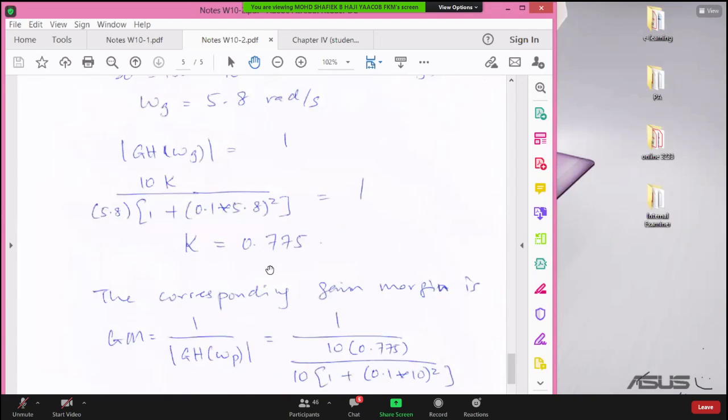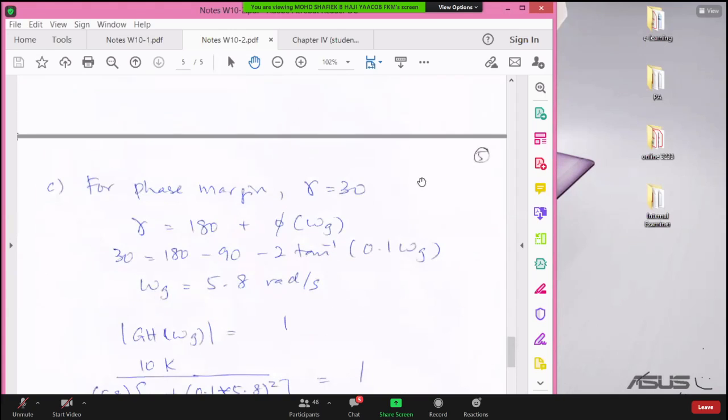So when your k is equal to, you can now solve this. This is a very easy equation to solve, and then you get the value of k is equal to 0.775. So this is the value of k that can fulfill this criterion of phase margin equal to 30.